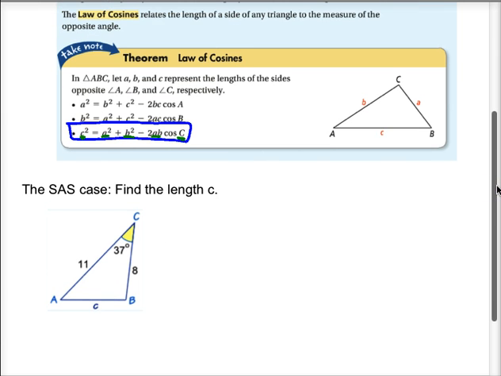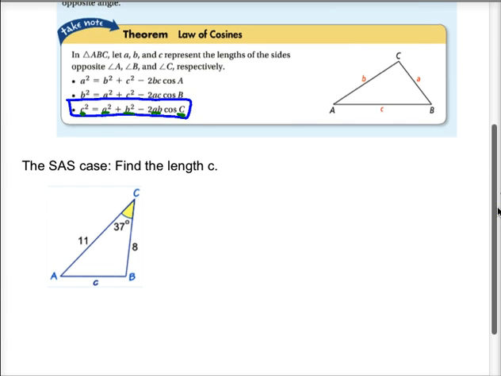All right. So for the side angle side case, let's look at this. Well, the dilemma that we're running into is we don't have an angle side pair, okay? Notice the C, the side we're looking for, is opposite an angle, but then we don't have any other angle side pair to try to match it with for the law of sines.